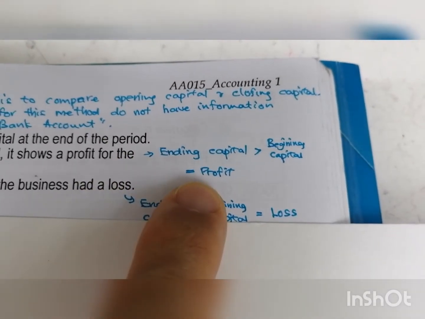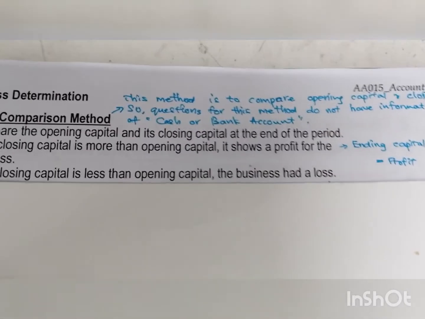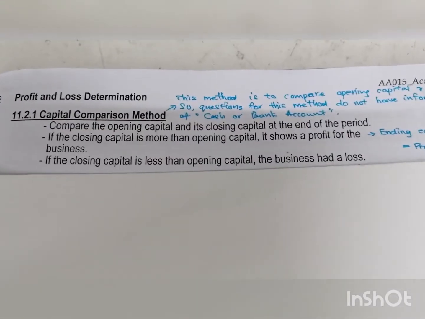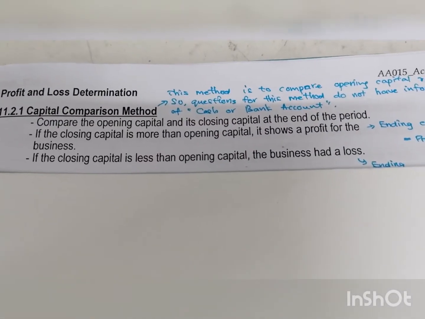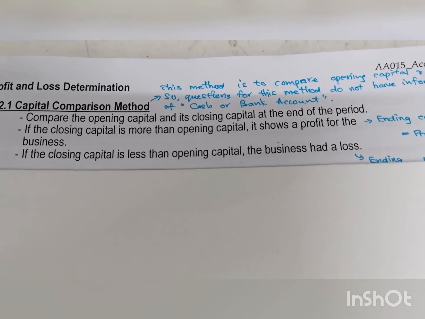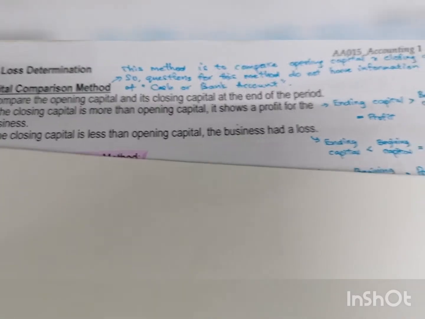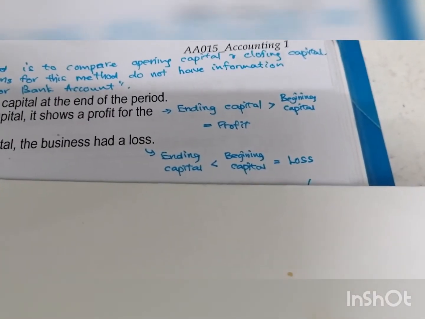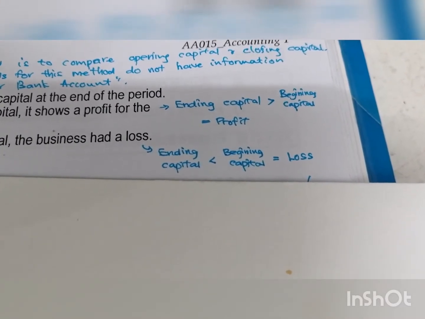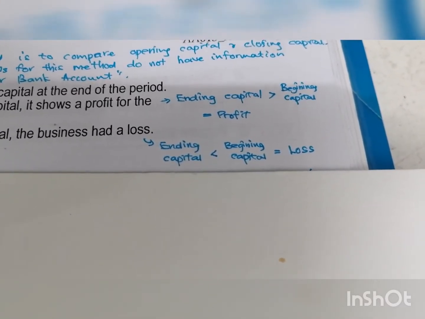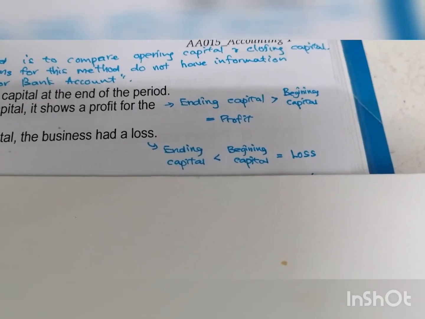Now look at the third sentence. If the closing capital is less than opening capital, the business had a loss. So it means that if the ending capital is lesser than beginning capital, the business got a loss.